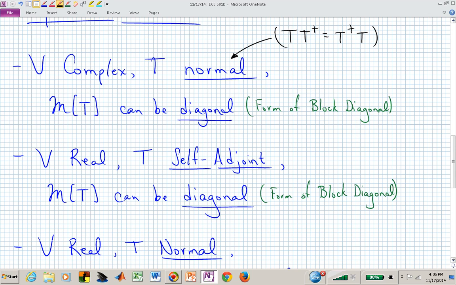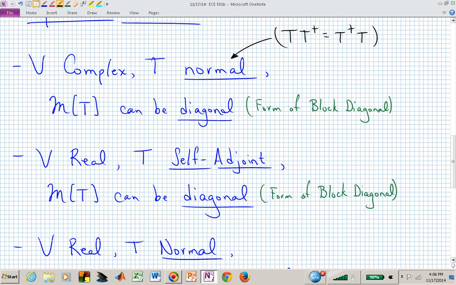So we could say that a matrix representation is block diagonalizable when you have a normal operator in a complex inner product space. If you have a real inner product space V, and the operator is self-adjoint, which is a little more restrictive than it being normal, then the matrix representation of that linear operator can also be diagonal. And again, if I say diagonal, that's a block diagonal.